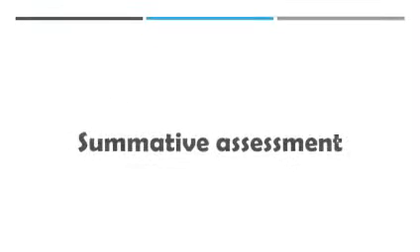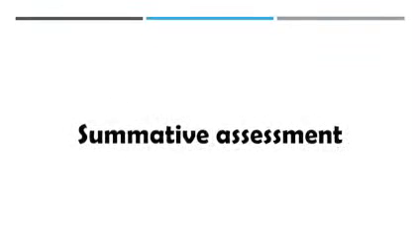Now, the opposite of formative assessment is what we call summative assessment. For summative assessment at the university, this is what you get at the end of the course. For example, right now you are on vacation if you are a student, and when you finish your vacations, you are going to have a final exam, an end of course exam.